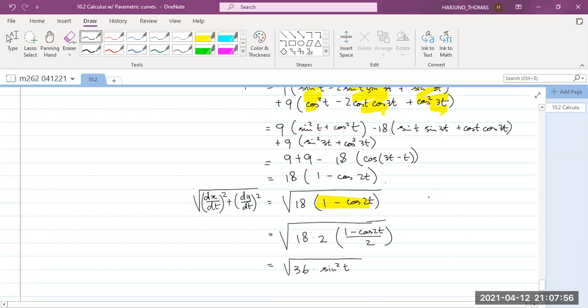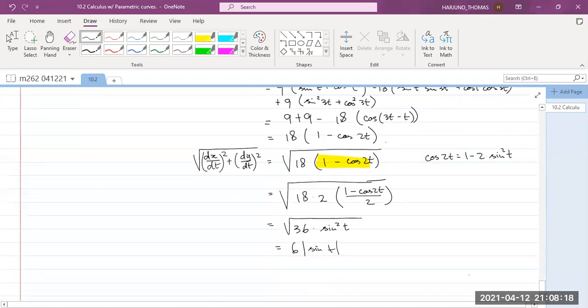So cosine 2t equals 1 minus 2 sine squared t. Remember that? Okay, so this guy, oh wow, you need to know a lot of trigonometry. This is 6 absolute value of sine t. However, sine is positive in quadrant 1 and quadrant 2.